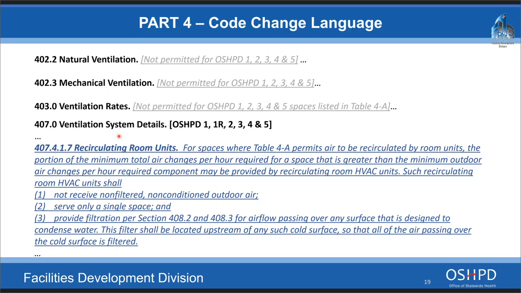Shall not receive unfiltered, unconditioned outdoor air, only serves a single space, and provide filtration per section 408.2, 408.3 for air passing over any surfaces designed to condense water. That's obviously an infection control issue, and it mimics the requirements of ASHRAE 170. And we'll get to that here in a second. Next slide, please.